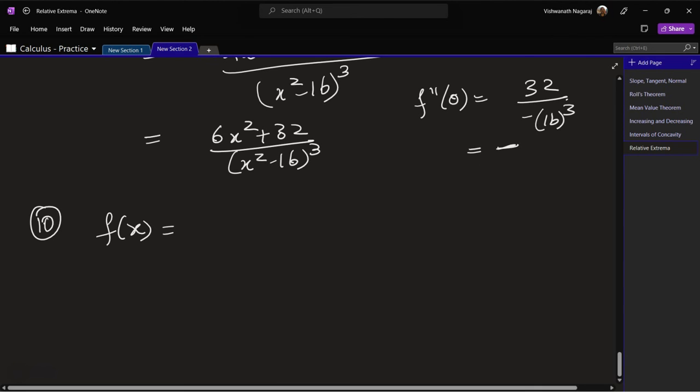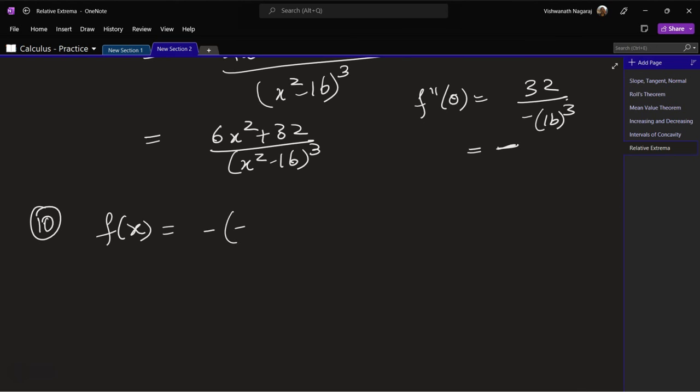Okay, tricky one. f of x is equal to minus of minus 6x plus 36 to the power of 2 by 3. Now remember, here it can be written as minus of minus 6x plus 36 to the power of 1 by 3 square. Now immediately you realize that because of the square, f of x will always be negative.